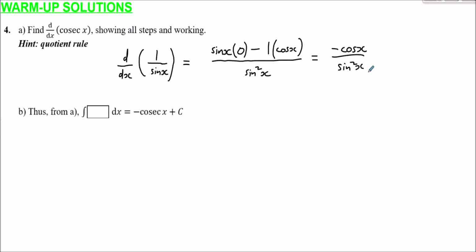over sine squared x. Now I can partition this into 2 separate pieces. I'm going to split this into minus 1 over sine x multiplied by cos over sine.